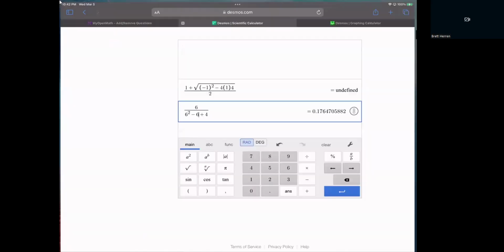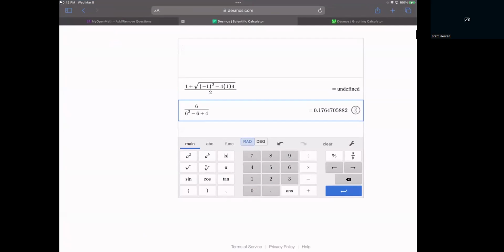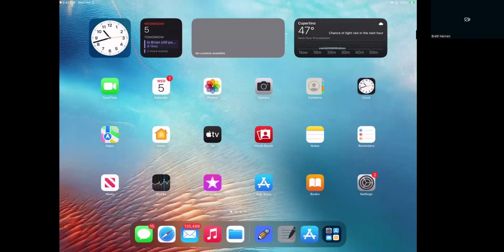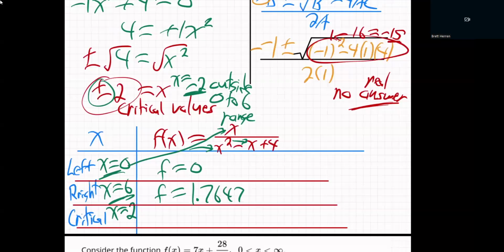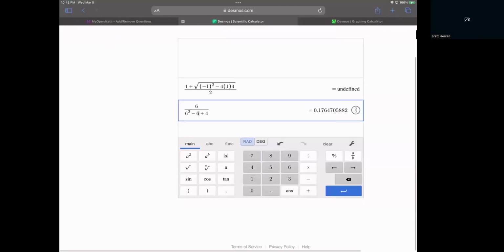I don't know. No, 0.1764. Let me just say it that way. 0.1764. Okay, and then the last one we're going to put in 2 everywhere we had that 6. Put in 2. And we get 0.33333.